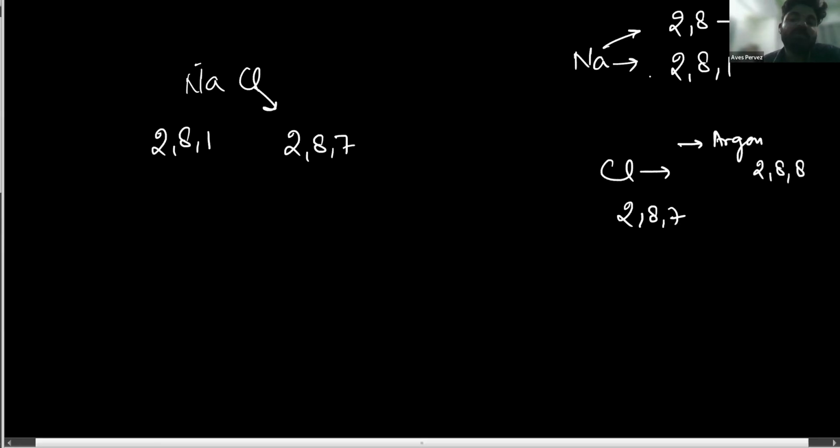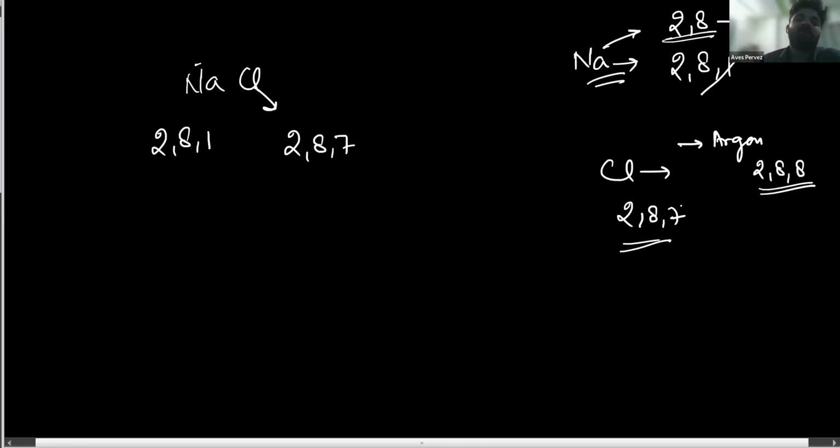So what will sodium do in order to attain the electronic configuration of the nearest noble gas, that of neon? Tell me. Sodium is going to lose one of its electrons. Yes, because after losing, it will become 2,8. And what is chlorine going to do to attain the stable electronic configuration of argon? It will gain one electron.